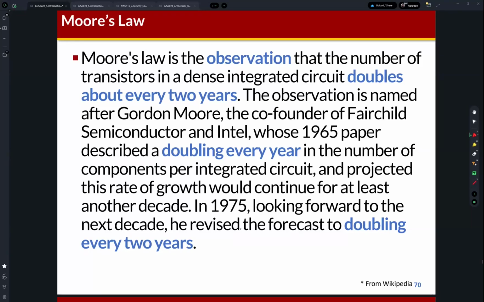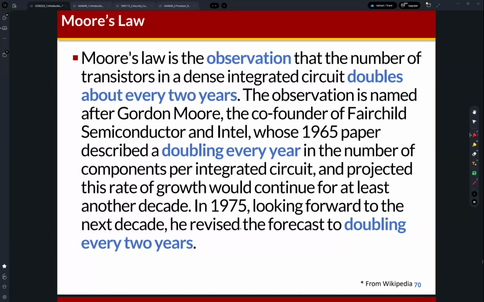It's just an empirical observation. Then why is Moore's law very popular in the semiconductor industry? It is because the semiconductor industry set its technology goals based on Moore's law.